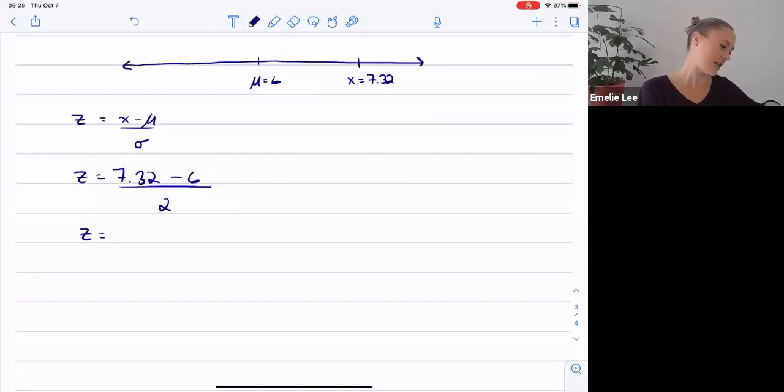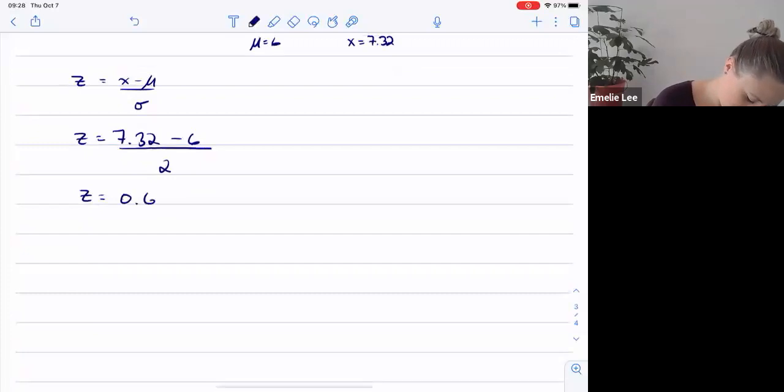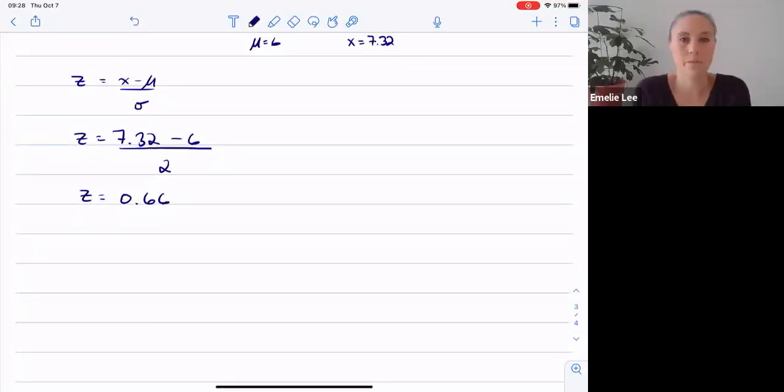I know you guys have done it. 7.32 minus 6 is 1.32, divided by 2 puts me at 0.66. I can read this as an observation of 7.32 is 0.66 standard deviations above the mean, because it's positive, right?